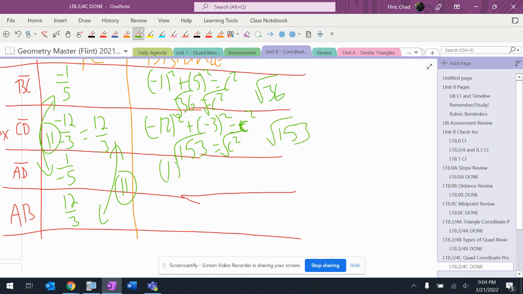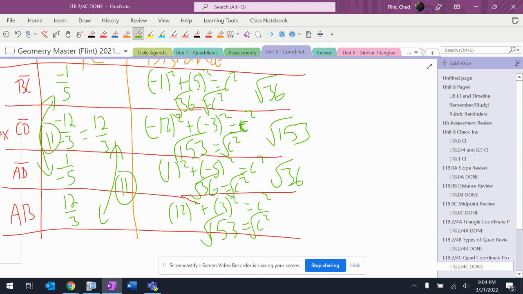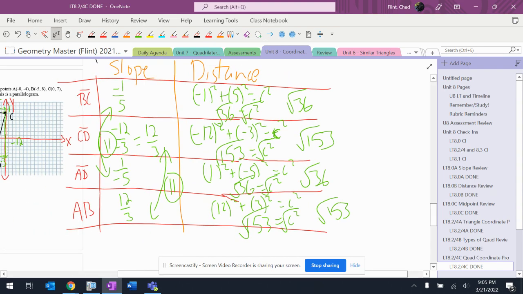And then 1 squared, -5 squared. So that's 36. And then 12 squared plus 3 squared. That's 153. Okay, I got some congruent sides. All right, you can see there's some equal sides there.